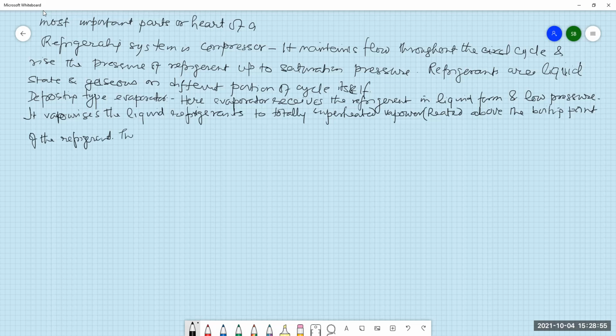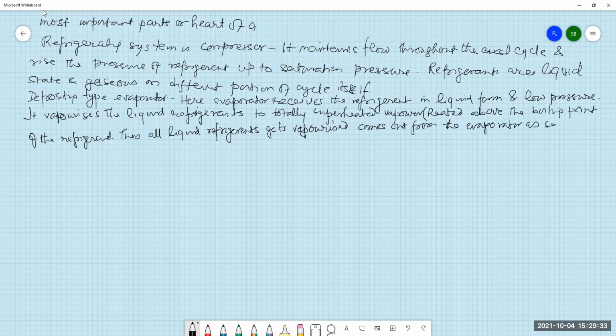Thus, all the liquid refrigerant gets vaporized and comes out from the evaporator as superheated refrigerant vapor.